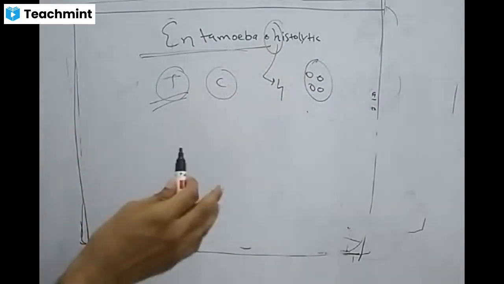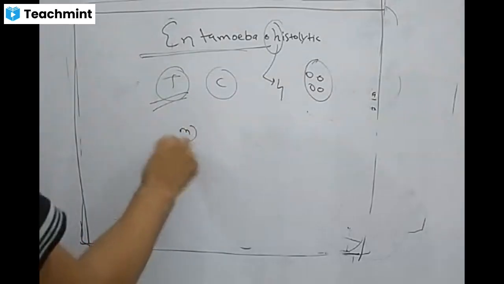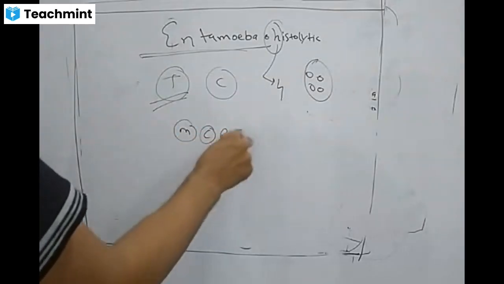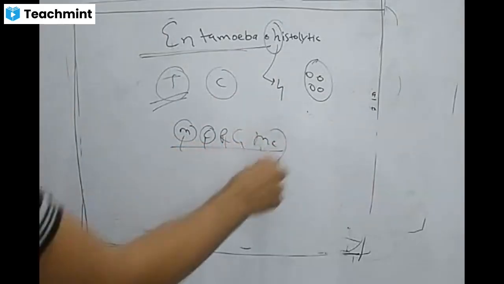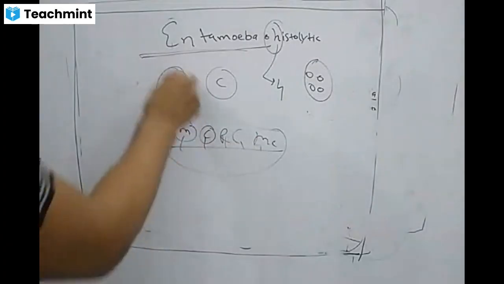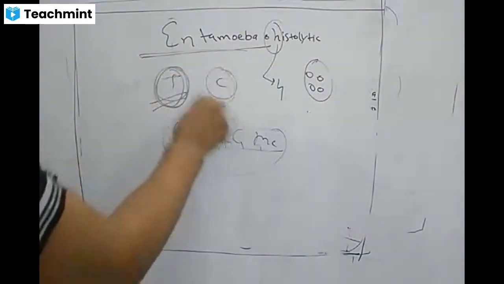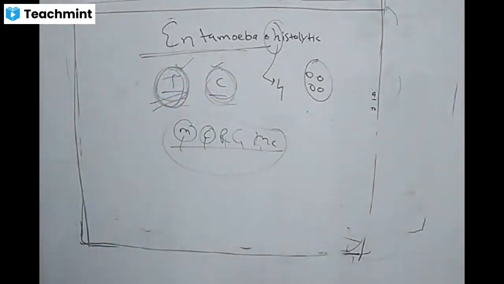Just like your trematodes, there was Miracidium, Sporocyst, Redia, Cercaria, Metacercaria. These were some 4 to 5 again repeating terminology. Similar to this, we have trophozoite and we have cyst. These two will come again and again.